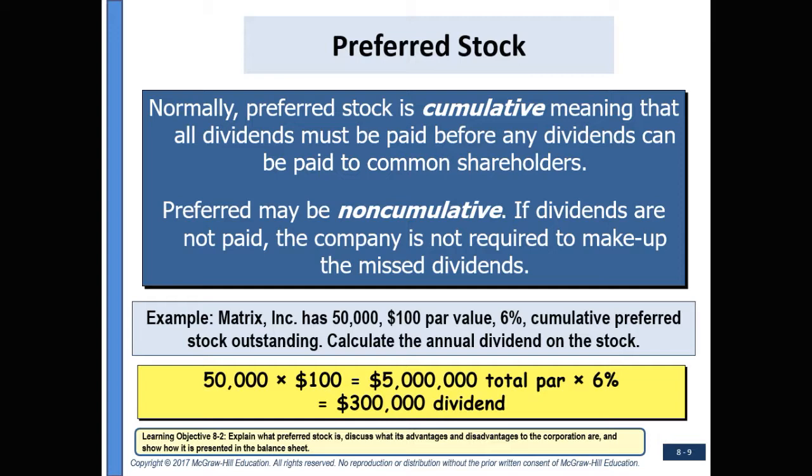In 2017, when a dividend is declared, the company must first satisfy the 2016 dividends in arrears of $300,000 to the preferred stockholders, pay the current $300,000 to the preferred stockholders, and then distribute anything left to the common stockholders. Remember, this is only if the preferred stock is cumulative.